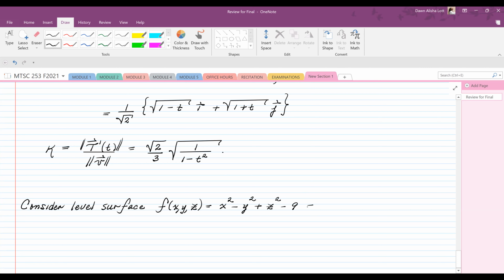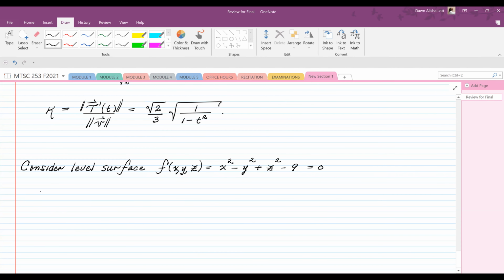And then it says, find the tangent plane of the level surface at the point P naught, 1, 2, 4.